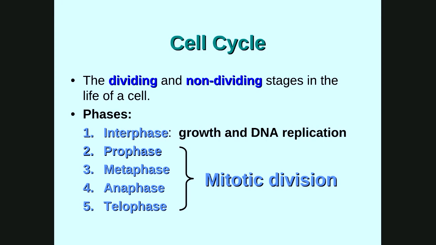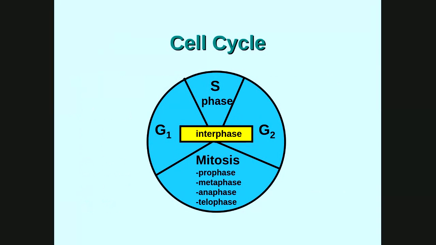The interphase stage is a growth and DNA replication stage, while the mitotic stage consists of prophase, metaphase, anaphase, and telophase, which we will study in this diagram that I told you about yesterday. It has four types of phases: G1 phase, S phase, G2 phase, and M phase. And the mitosis phase consists of the subphases known as prophase, metaphase, anaphase, and telophase.